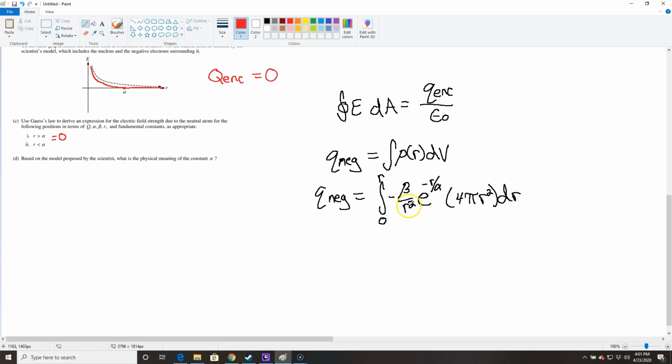And now we can do the integral with respect to r. This r squared cancels with this r squared, and I'm left with a 4 pi beta that comes outside of the integral. So Q negative is 4 pi beta times the integral from 0 to r, and we are left inside with negative e raised to the power of negative r over alpha dr. Now, let's take that integral.